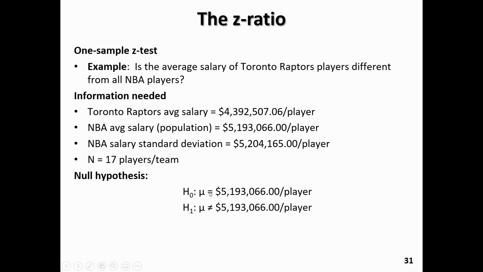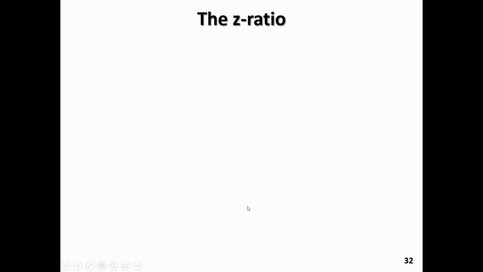It's a null, so it states that there's no difference between Toronto Raptors salary and the NBA average salary. We then follow that up with the alternative, and in this case we're going with a non-directional alternative, simply stating that the salary is not equal to the salary for the entire league.